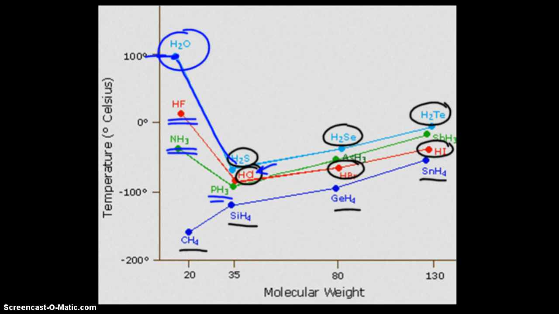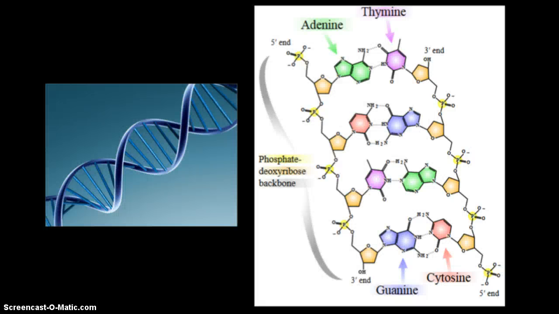So you can see the dramatic effect that hydrogen bonds have on the boiling points because, again, when we boil, when we vaporize, we need to break the intermolecular forces. So all down here in this part of the graph, we're simply breaking London dispersion forces, maybe some weak dipoles. But with water, HF, and NH3, we're breaking the hydrogen bonds. Much more energy is needed.